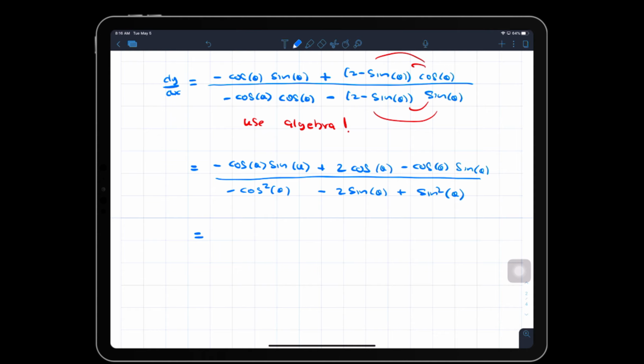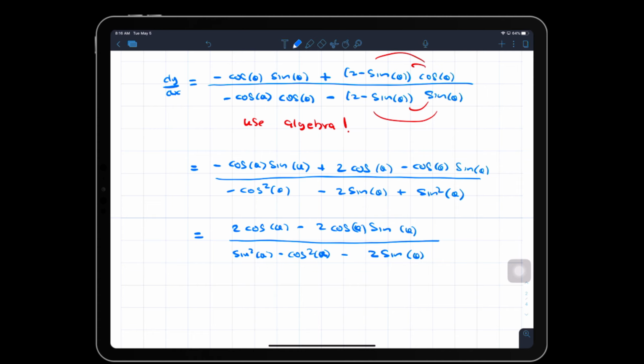So let's simplify this. We got 2 cosine theta minus 2 cosine theta sine theta, and that's our numerator. And in the bottom, we have sine squared theta minus cosine squared theta minus 2 sine theta.